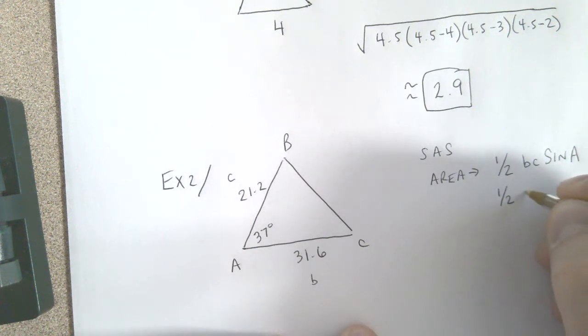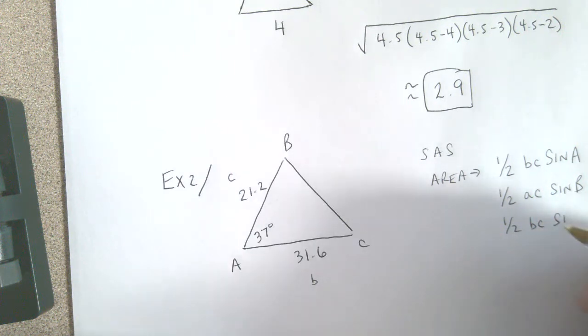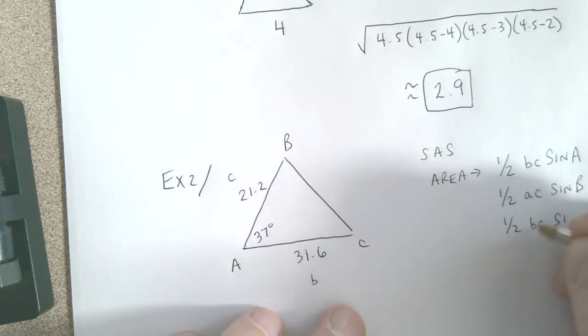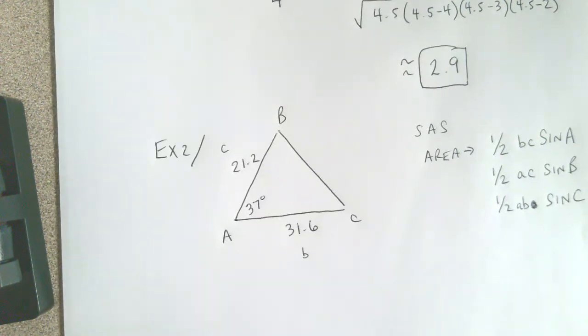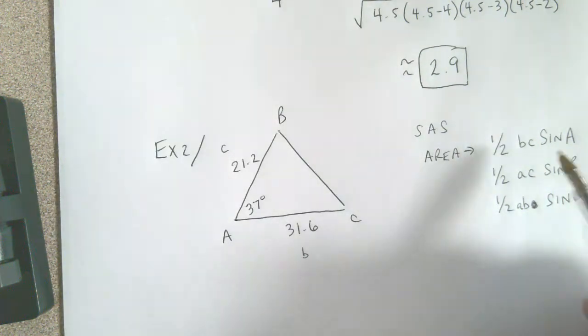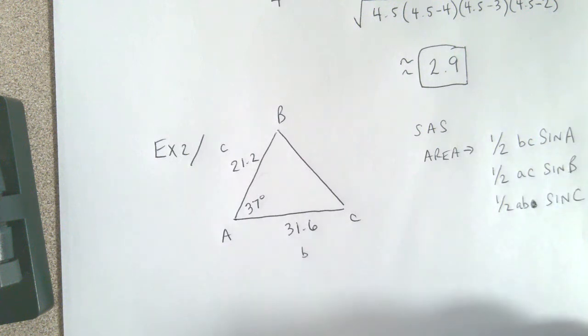So it's A times C times the sine of B, or A times B times the sine of C. Basically it's the two sides we have, and then the included angle is what you're finding the sine of.